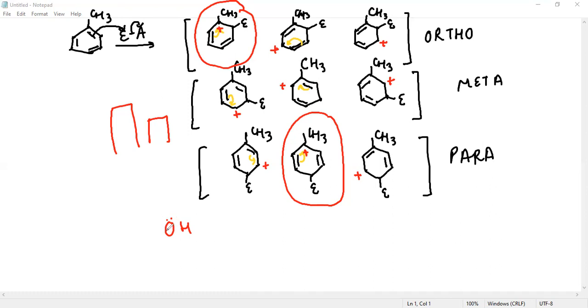Here it is actually donating the lone pair to the benzene ring. You will see in a while. I will draw it for you, and we will learn that this is a better electron donating group as compared to CH3. Let's go ahead and draw that.